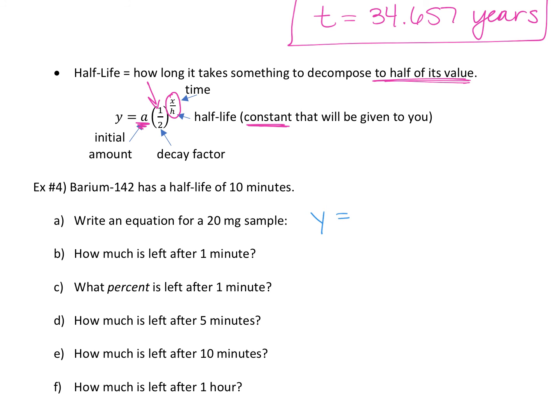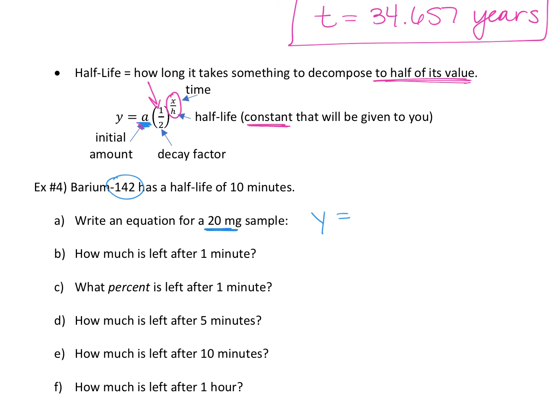Y equals, what's your A right now? 20. Yeah, this number is just naming the element that we're talking about. So you're not going to use the 142 for anything, okay? Your initial amount was a 20 milligram sample. So you're going to put 20 there.